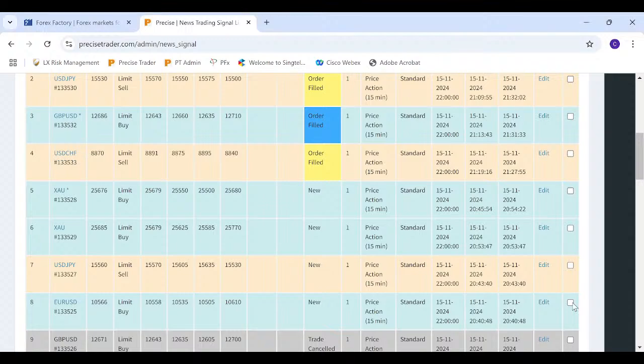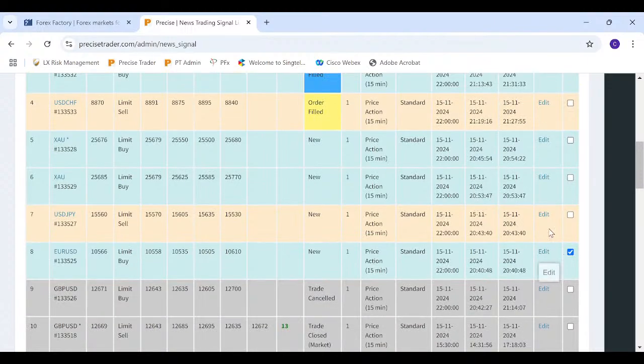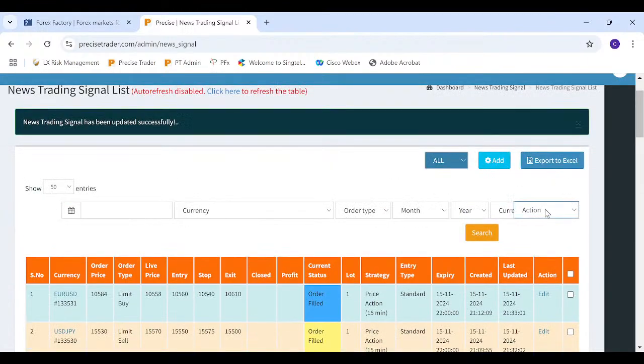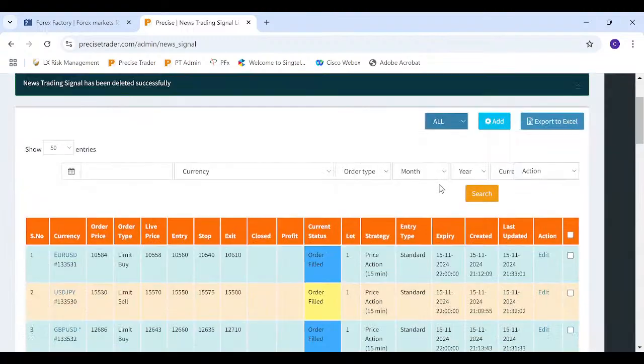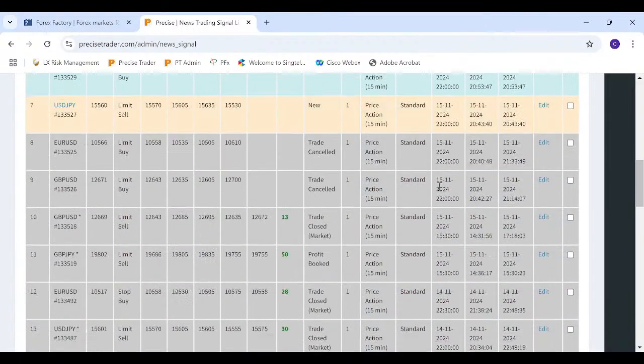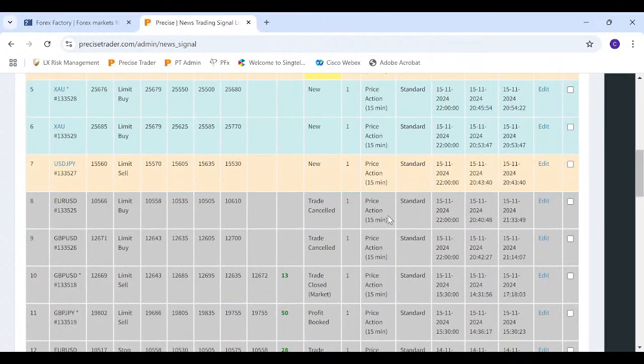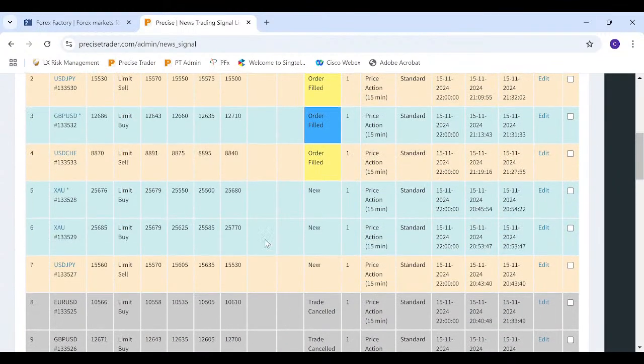Okay, this euro buying 15535, can you please cancel it? Okay, we'll see the yen.